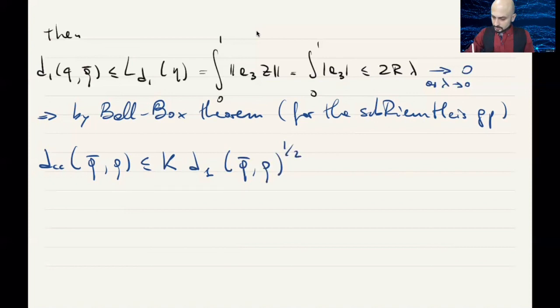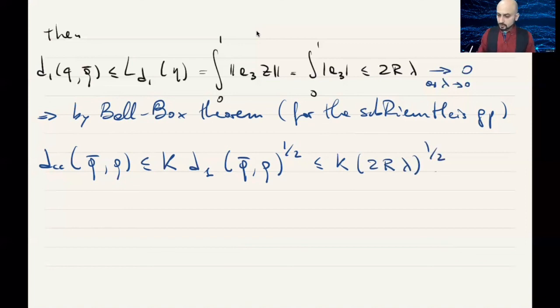And as we said, this is less or equal than k times the square root of 2r lambda.